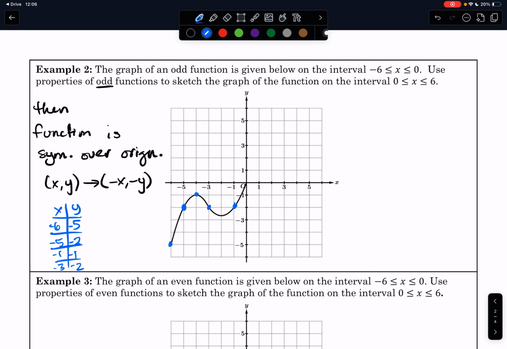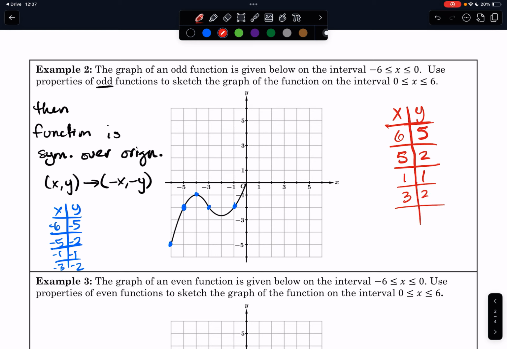Since those points are on this side of the graph, those are my x and y values, then because it's symmetrical over the origin, the opposite x and the opposite y values also have to be on the graph. So if -6, -5 is on the graph, that means +6, +5 is on the graph. -5, -2 means +5, +2. -1, -1 means +1, +1. -3, -2 is +3, +2.